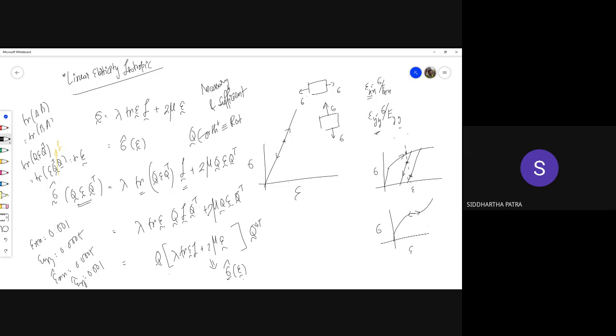Okay, so the constitutive relation that we just wrote, these parameters are called Lamé parameters, lambda and mu. And this constitutive relation, as we showed, is sufficient to demonstrate linear elasticity with isotropy.